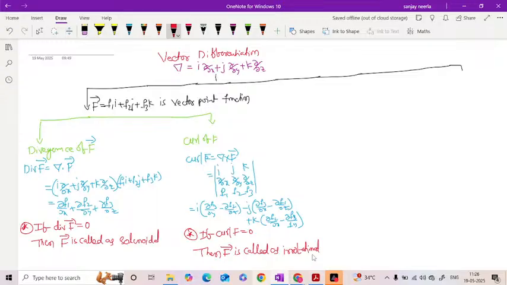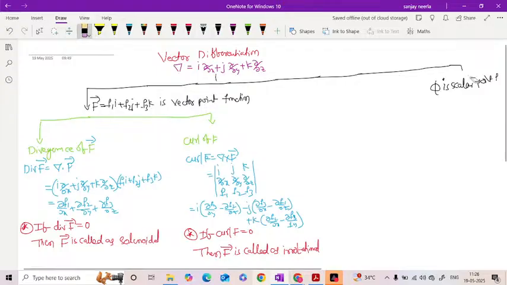Next one, come to scalar point function. So here I am assuming phi is a scalar point function. Scalar point function. Now here we have an operation.